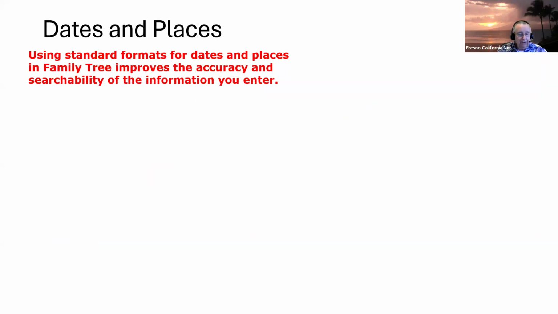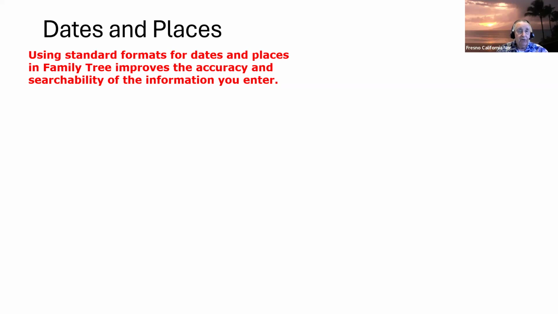Okay, dates and places is simpler and harder in some respects. They're asking us to use their standardization system as much as possible when we're entering dates and places, because the system knows how to work with these standards.